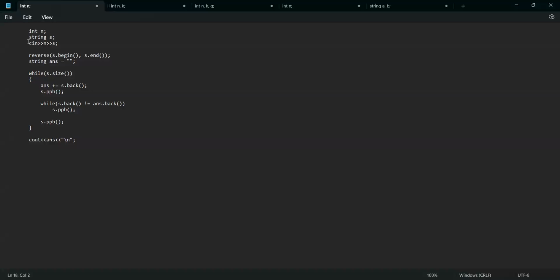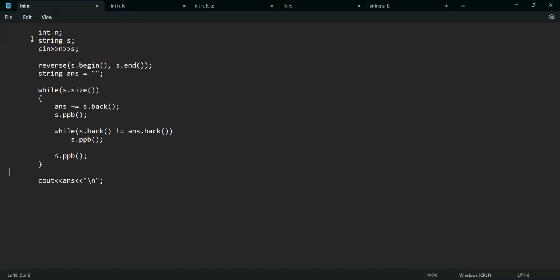So this is the implementation. I'm taking my string S as input, and then I'm reversing my string. So basically, while I have a character, I'll check, okay, answer plus s dot back, because this character, whichever I got, is definitely a part of the original string.